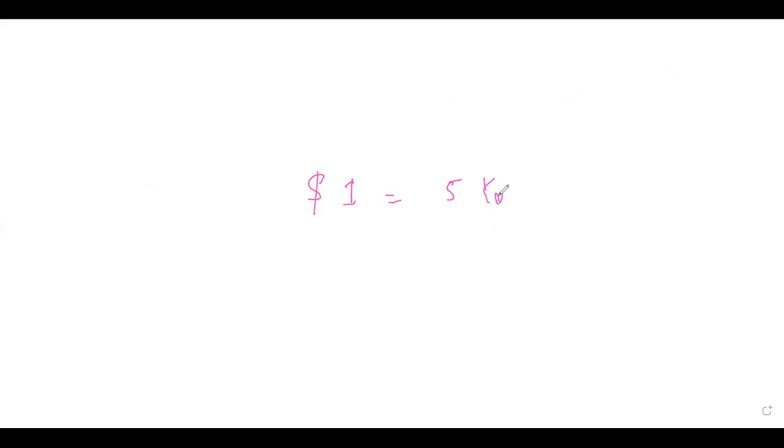Now $1 buys you 10 yuan. In this situation, which currency became stronger and which became weaker? You can clearly see that the yuan is becoming weaker and the dollar is becoming stronger. Easy, we got this, right?